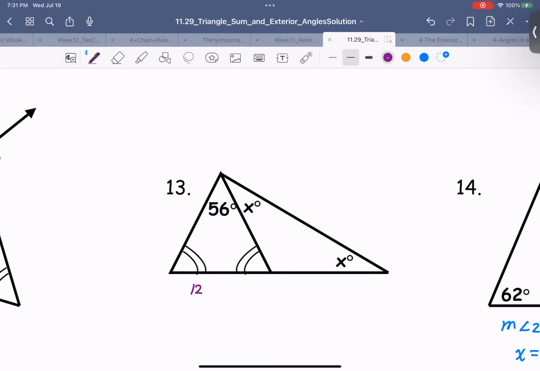And if we divide that by 2, it'd be 62. Good. 62 will be how much? 62.